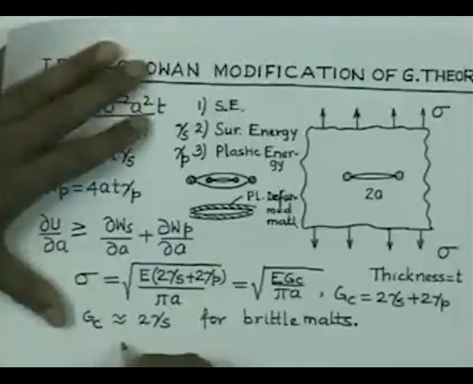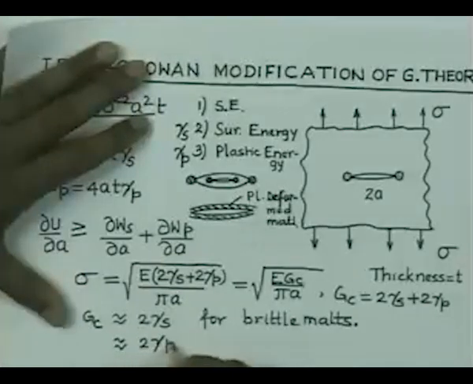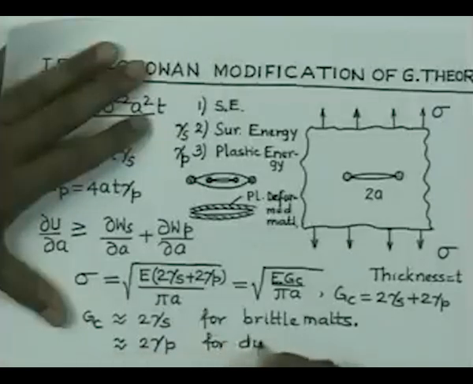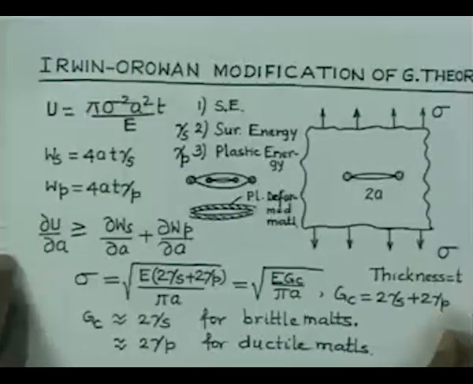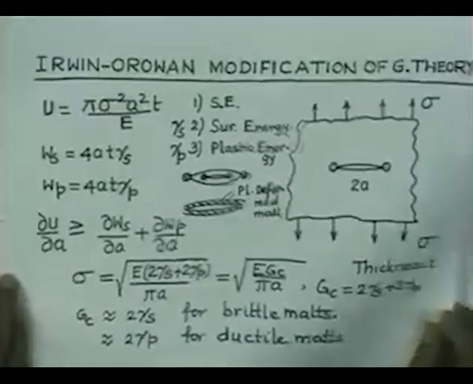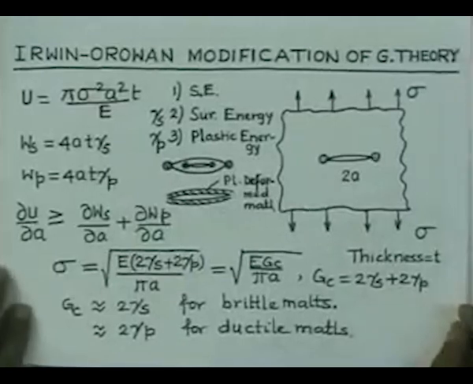Similarly, for ductile material, this fracture resistance is dominated by gamma P. So, therefore, G C is equal to 2 gamma S plus 2 gamma P for ductile materials. So, this modification of Irwin-Orowan paved the way for application of the Griffith theory for ductile materials.